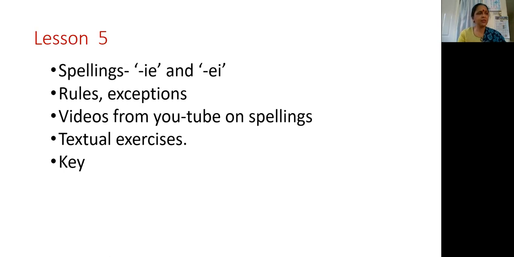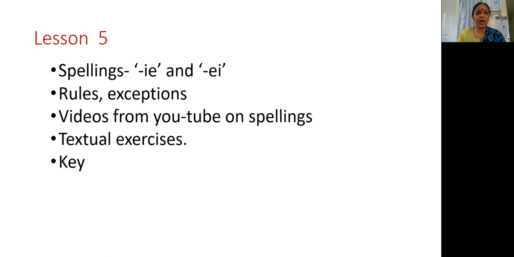This is your textbook, UG English Made Easy, for part 1 and part 2, both semester 1 and 2. In that, each lesson has one exercise. For lesson 5, I'll show you the scan shot of the exercise, followed by the key, the answers.